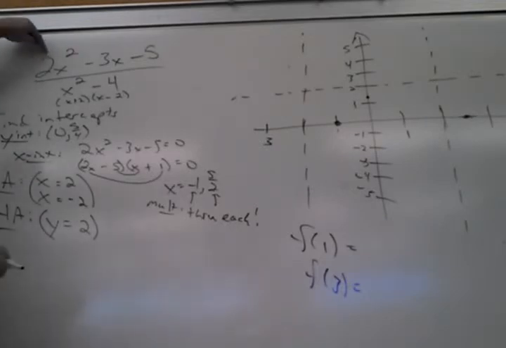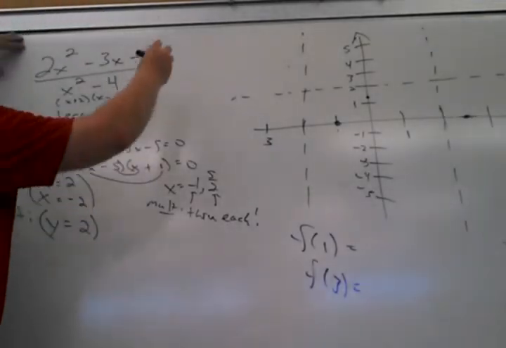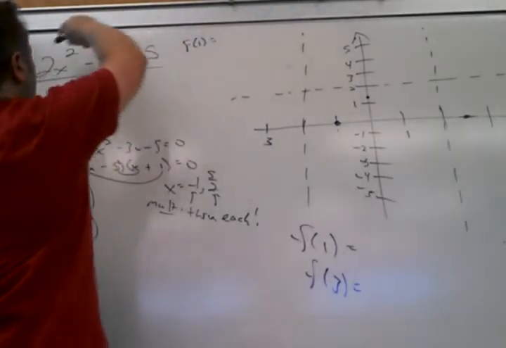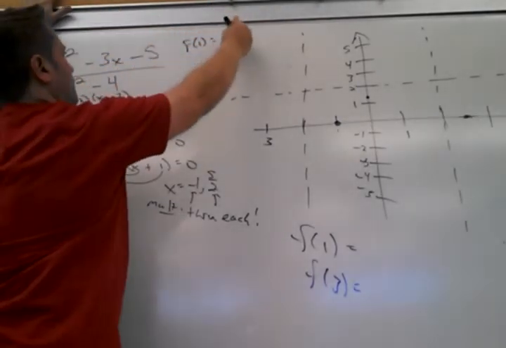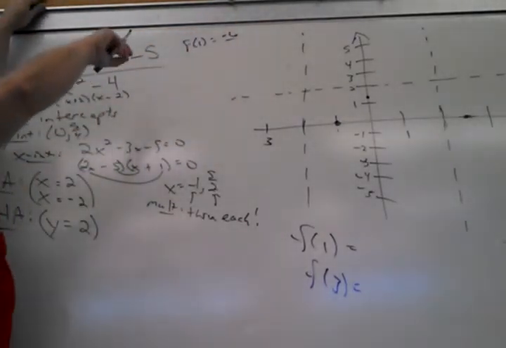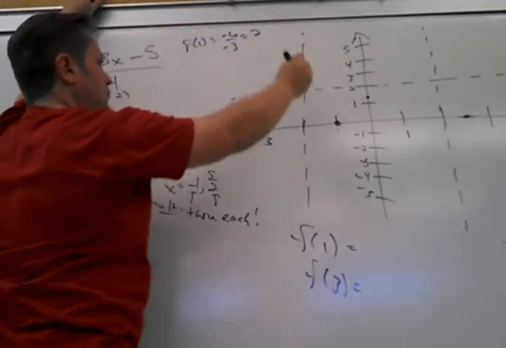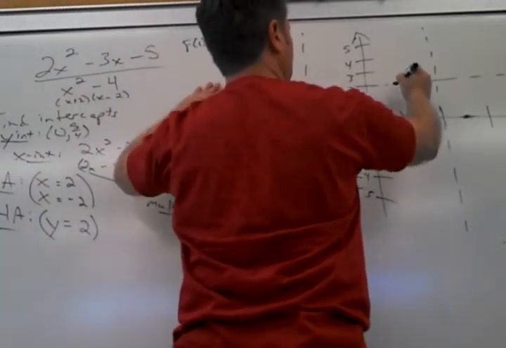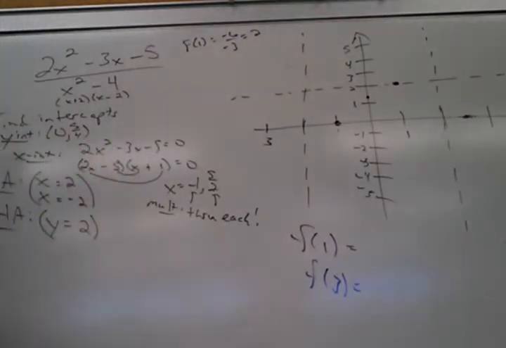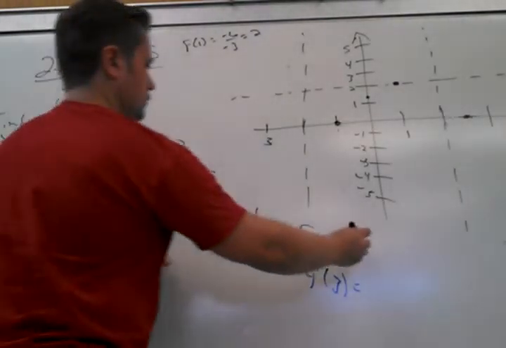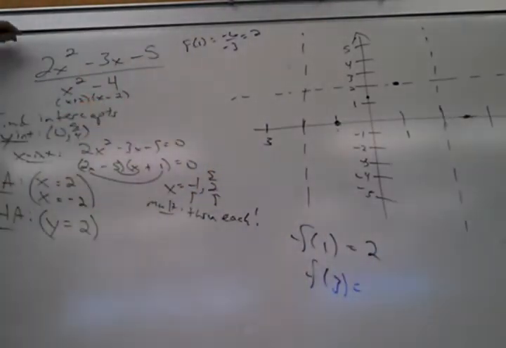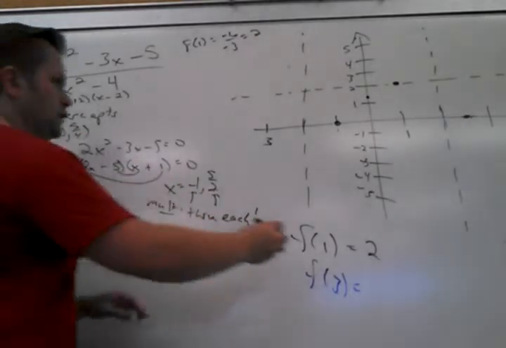We'll get 2 minus 3 minus 5. 2 minus 3 is negative 6 over negative 3 is 2. Coolness. And then f of 3. F of 3 is 18 minus 9 is 9 minus 5 is 4 over 5, so 4/5.